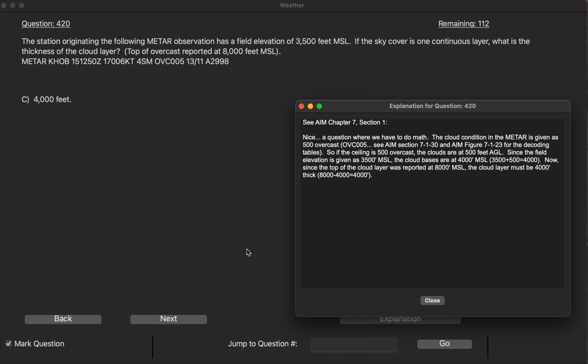So when we take the top of the clouds, which is 8,000, minus that 4,000, that gives us 4,000 feet.